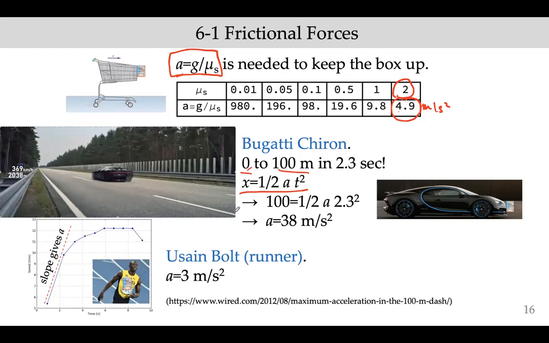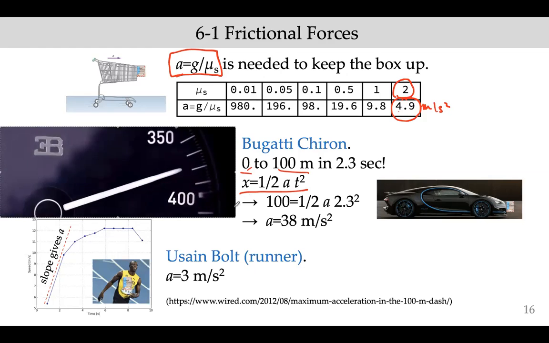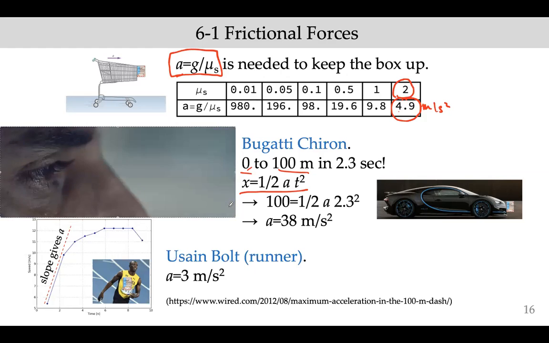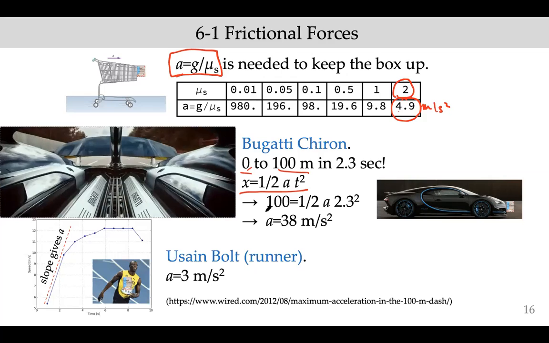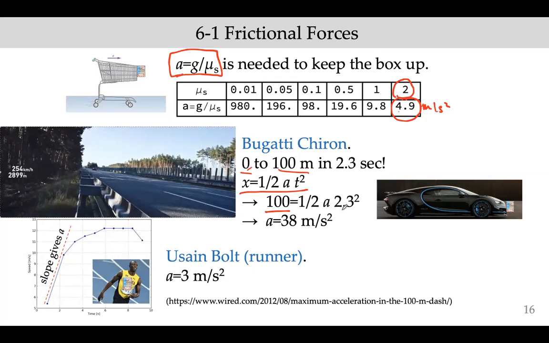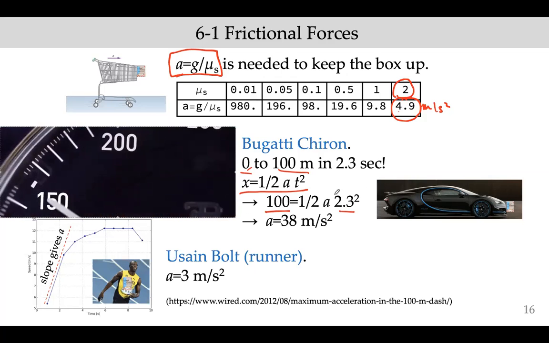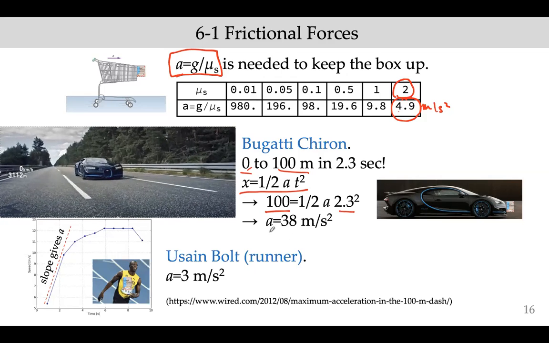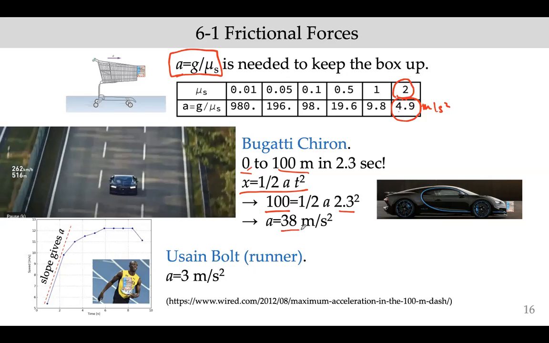It starts from 0 velocity and it will accelerate. So I don't have v0t because initial velocity is 0. So it goes 100 meters in how many seconds? 2.3 seconds. So I take the square of it. And from here, if you do the calculation, the acceleration of the Bugatti Chiron is 38 meters per second squared.